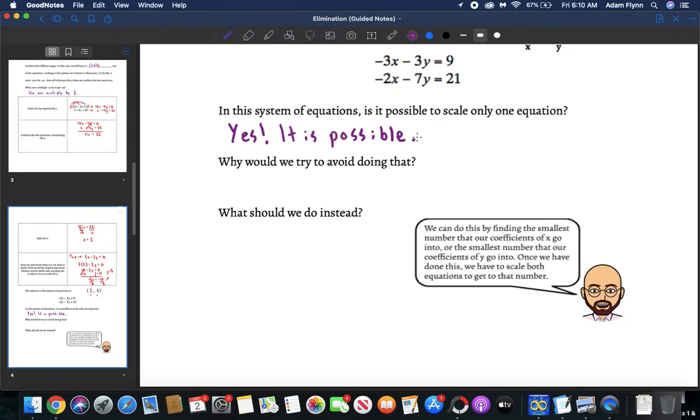But in order to do that, we would be multiplying by a fraction. So we can scale using a fraction.